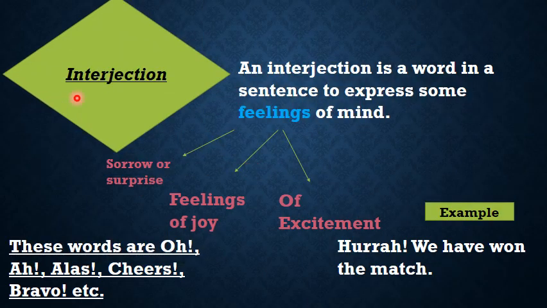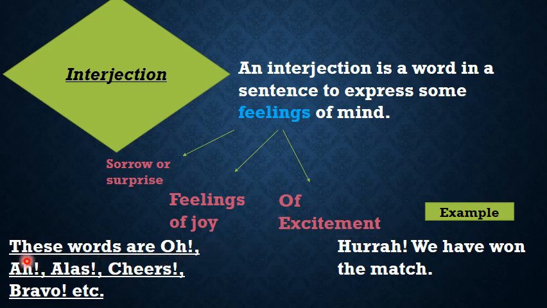Our next part of speech is an interjection. An interjection is a word in a sentence to express some feelings of mind, for example, feelings of sorrow or surprise, feelings of joy, feelings of excitement.